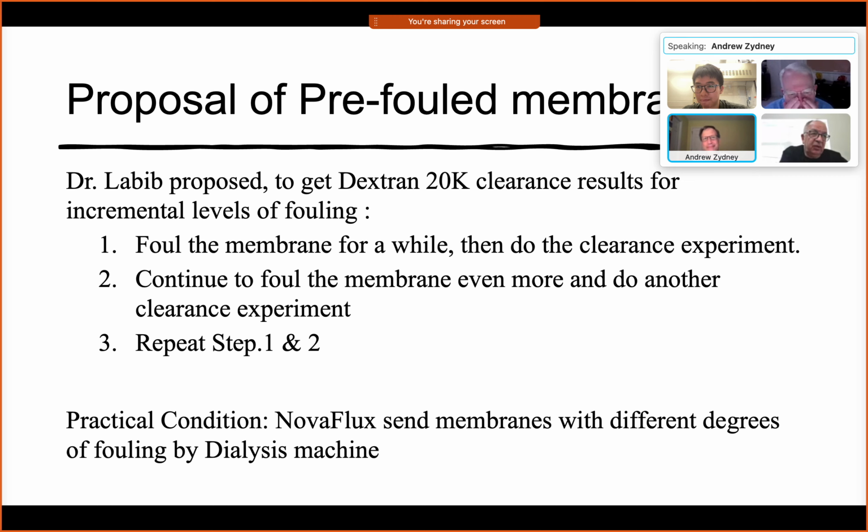Because what we wanted to do, Andrew, is that when we flow the blood on the outside, you would have different relationships with respect to the shear stress and shear rate. We need to understand that so that in long-term treatment, we won't run into an issue of effect of fouling on clearance, especially convective.